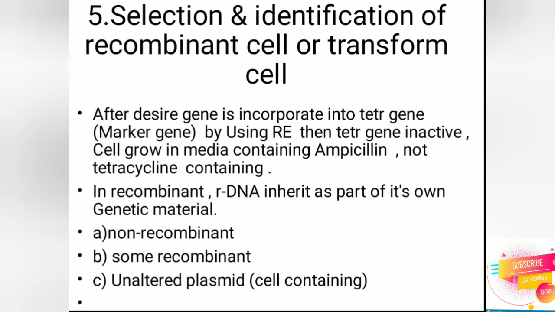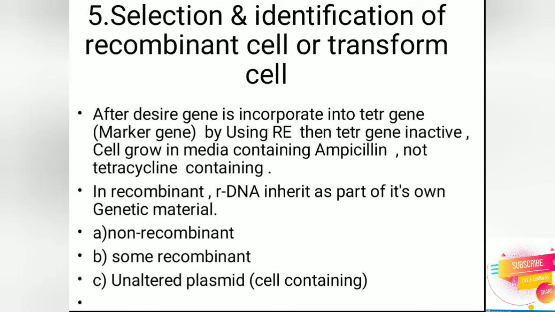After introducing our desired DNA into the tetracycline resistance gene present on the plasmid by using the restriction enzyme, that marker gene is inactivated. So the cell grows in a medium containing ampicillin, not tetracycline. Since the tetracycline resistance gene is inactive, if our recombinant DNA is present in the cell, then that cell can grow only in a medium containing ampicillin, not in a medium containing tetracycline.